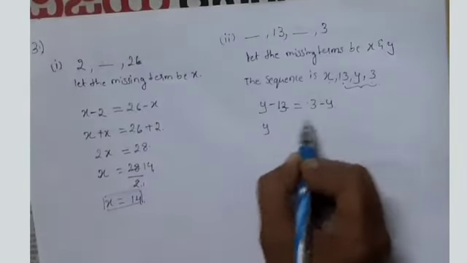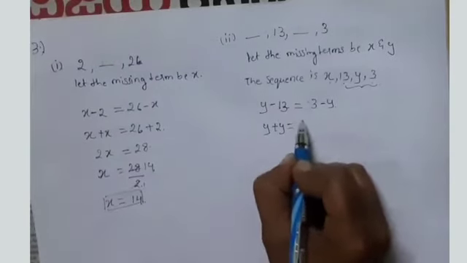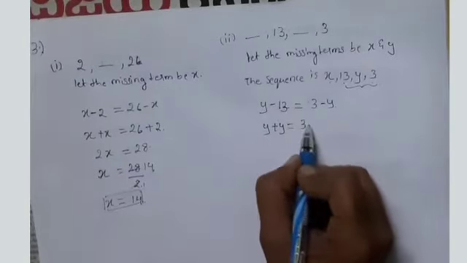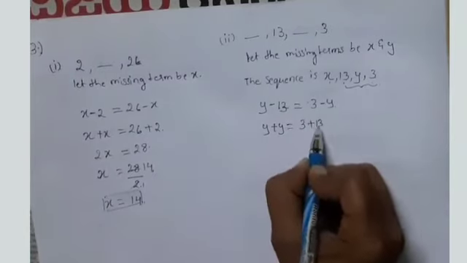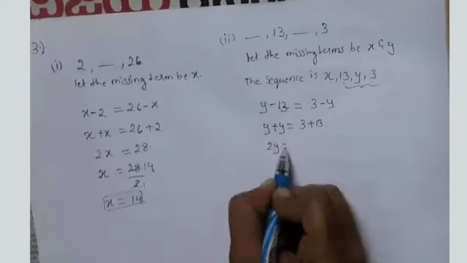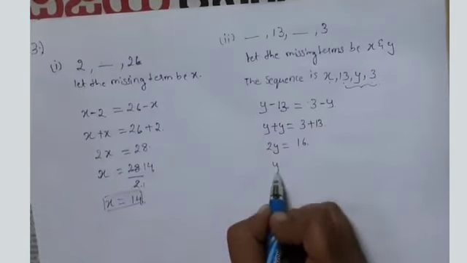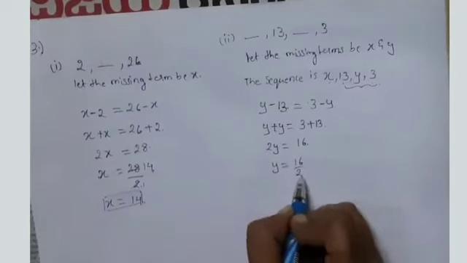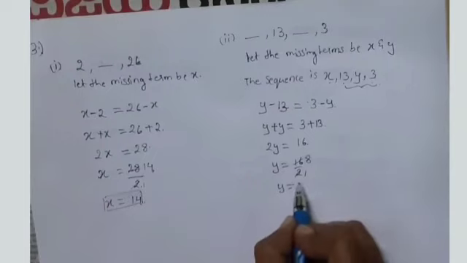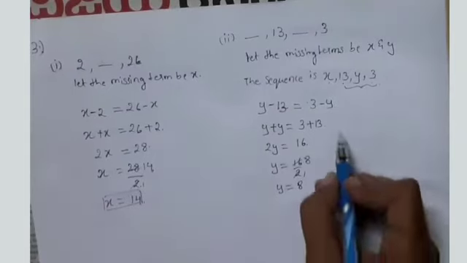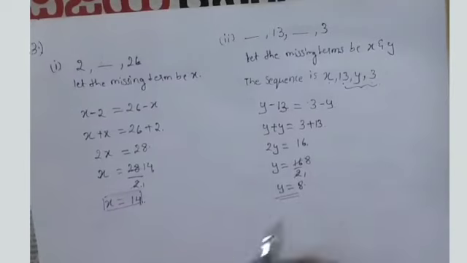Therefore now transposing y term from RHS to LHS, it will be plus y, which is equal to 3, and minus 13 when it is transposed from LHS to RHS, it will be plus 13. So 2y will be equal to 3 plus 13 is 16. y is equal to 16 by 2. Therefore y value is 8.